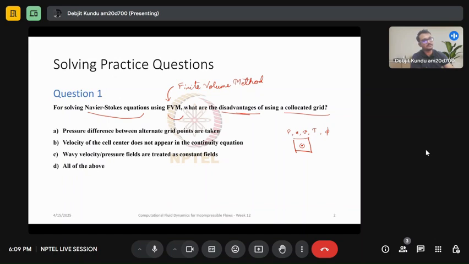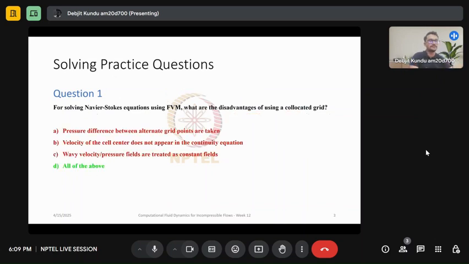And option D being all of the above. Let's take a look at the solution. It's actually option D, all of the above, because we have seen this.